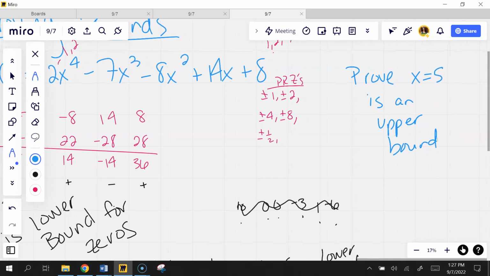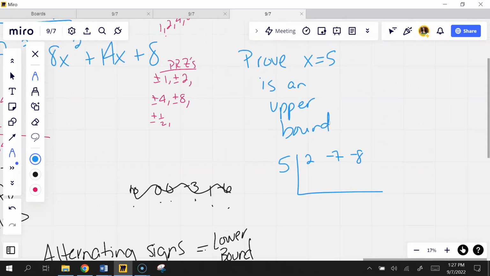Well, if I divide by 5: 2, -7, -8, 14, 8. Let's do this one and see what this looks like. 10, 3, 15, 7, 35, 49, 45, 45.